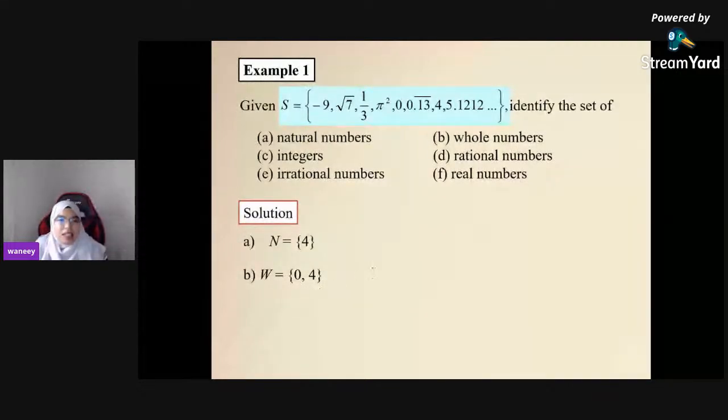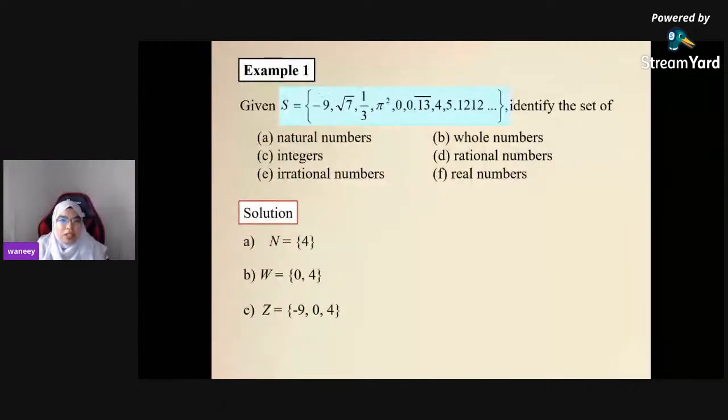And then C, integers. So done with the positive part. I do have negative 9. So negative 9 is one of the integers. So negative 9, 0 and 4. So now D is rational numbers. So rational numbers, if you want to write them down as a fraction, it should be integer over integer or decimal, terminating or repeating.